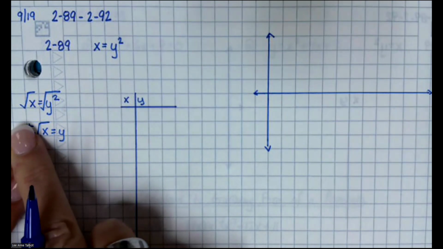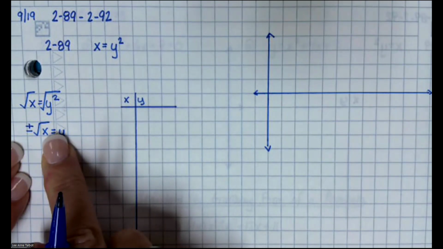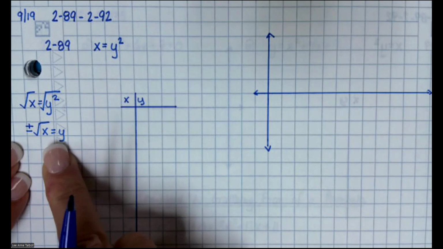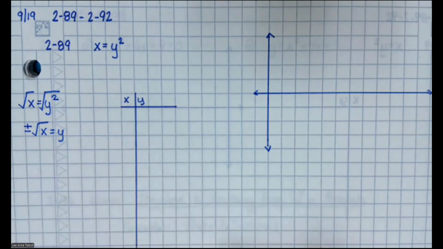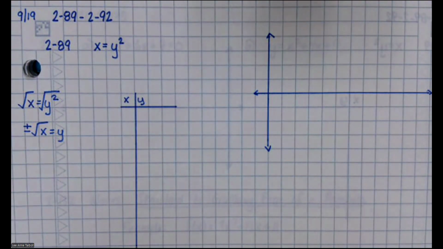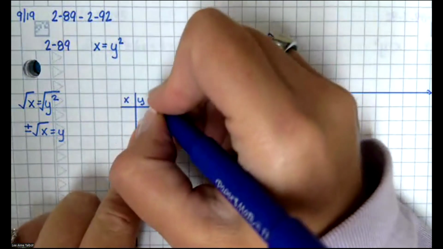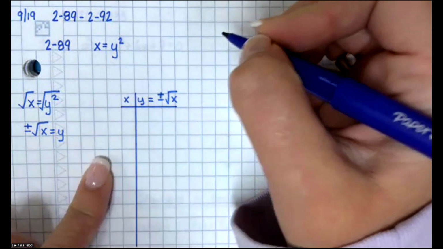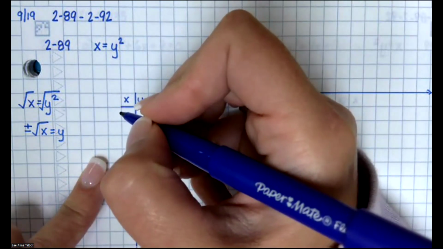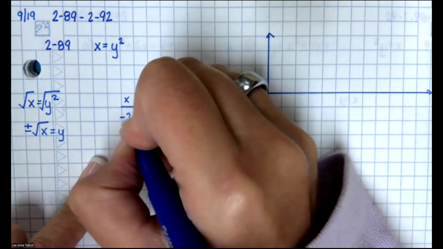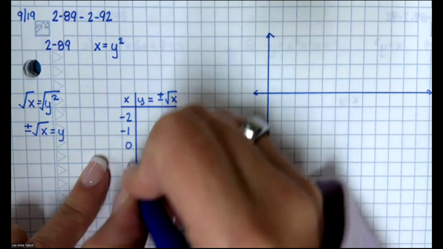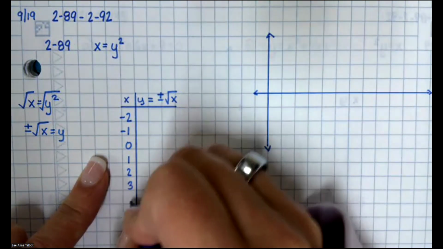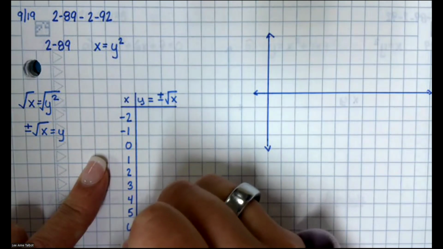You could do y1 is square root of x and y2 is negative square root of x and graph it, but it's not going to look right. Okay, so up here, y equals plus or minus square root of x. And we're going to do our table from -2 to 6.